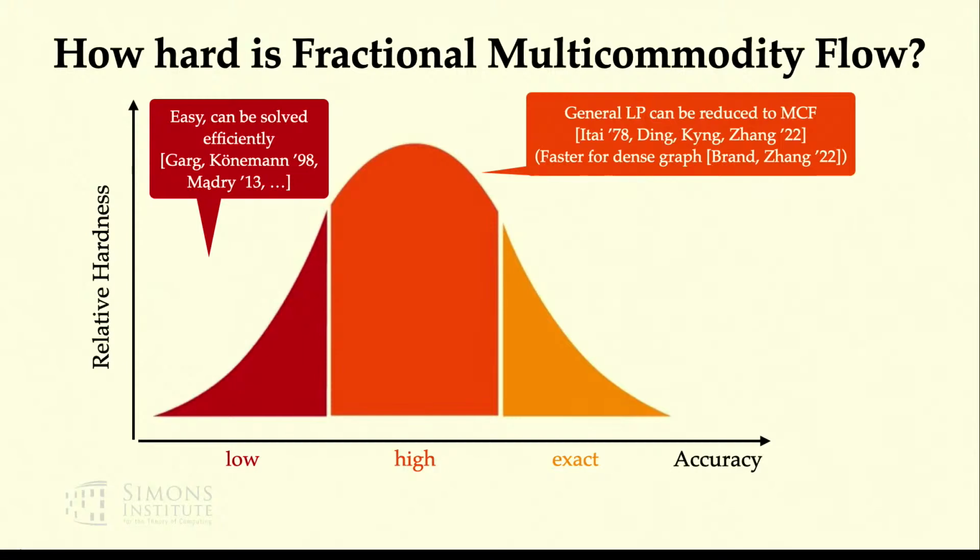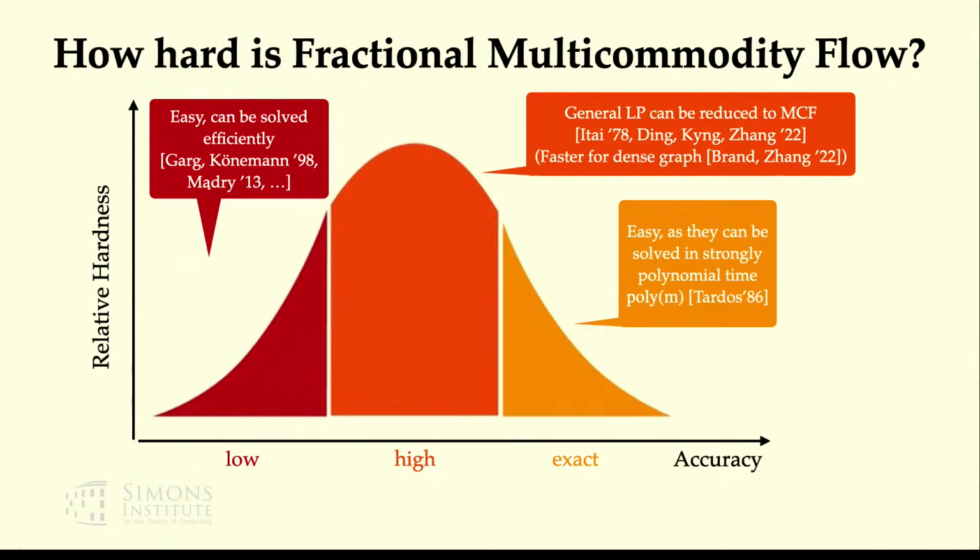There's a slight caveat that was sort of exploited by Jan van den Brand and Zhang in the same year, where they showed that you can do a little bit better if your graph is dense. But once you go to the exact regime, then it suddenly becomes easy relative to general LP, because you can solve multi-commodity flow problems in strongly polynomial time.